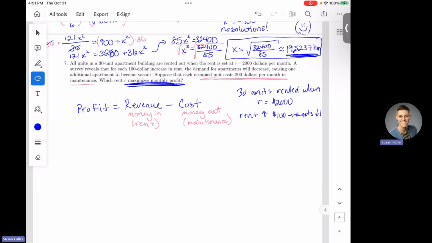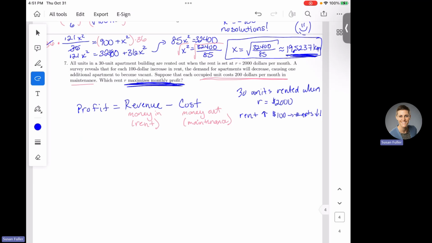So every time I increase the rent by $100, I lose an apartment, and that means I'm going to have less money coming in. So we want to balance this out so that increasing rent will bring more money in, but it loses us apartments, which is going to lose us money as well. So we have to figure out how this is all going to work out.